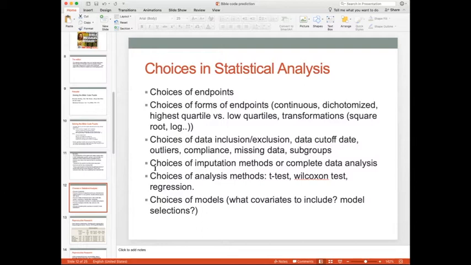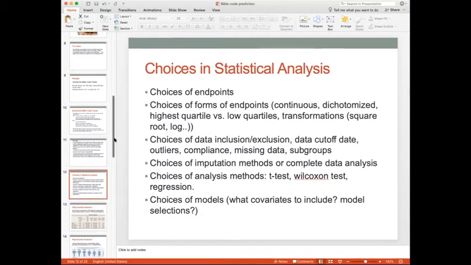A lot of times we have some room to pick one of them as our analysis. And choices of models. What models, what covariates to include, right? Do we do model selection? So we have a lot of choices in statistical analysis, and we human beings are very good at explaining things away and justifying ourselves. So that may lead to some surprising findings.